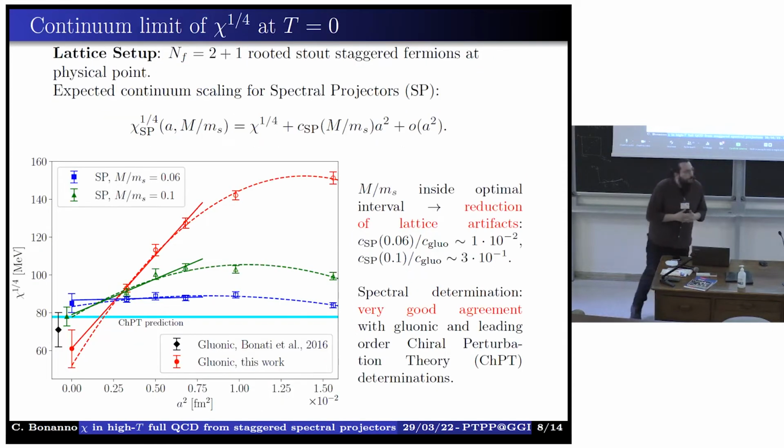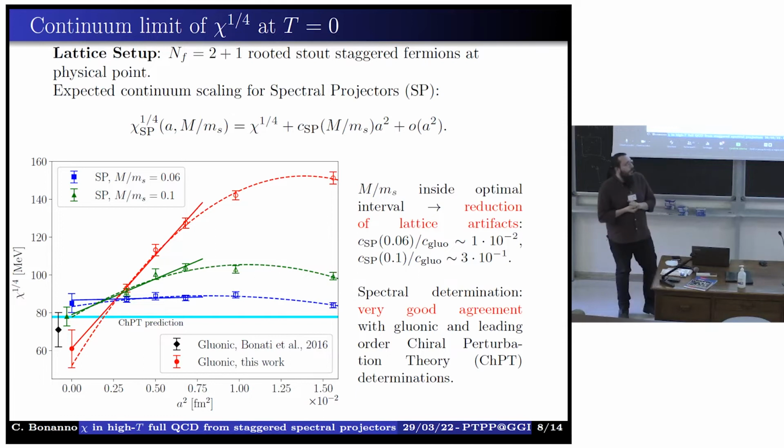So our setup is 2+1 rooted stout staggered fermions at physical points. So we have physical quark masses and physical pion mass, and physical, of course, quark mass ratio between strange and light quarks. And we follow a line of constant physics to keep these quantities constant. So this is the continuum scaling that we get for the gluonic standard definition, and also for two different values of the cutoff mass m inside the interval that I showed you, where I choose the strange quark mass in order to fix my cutoff mass.